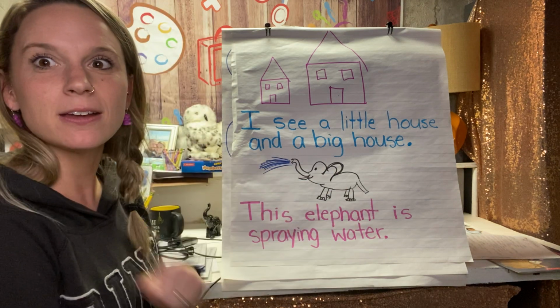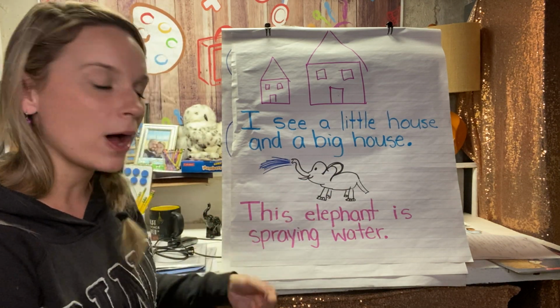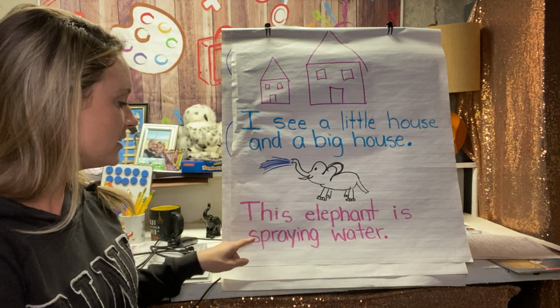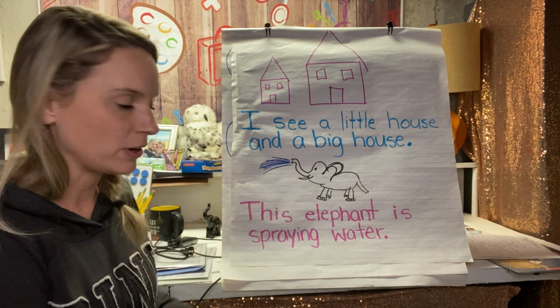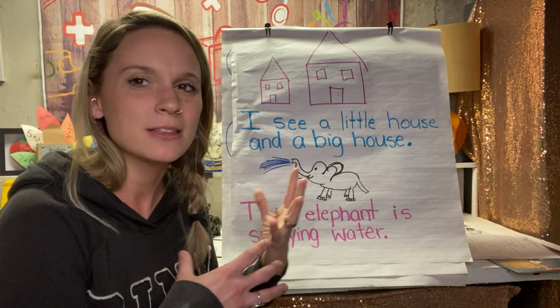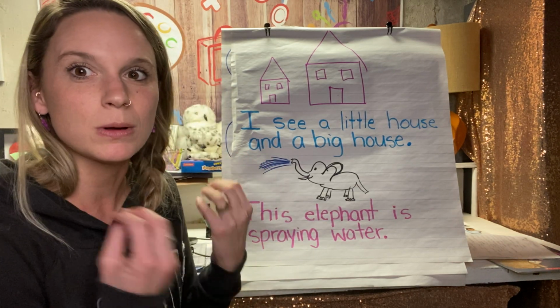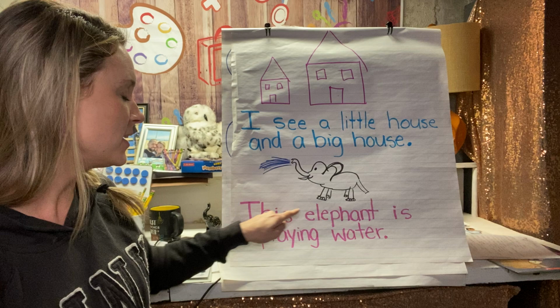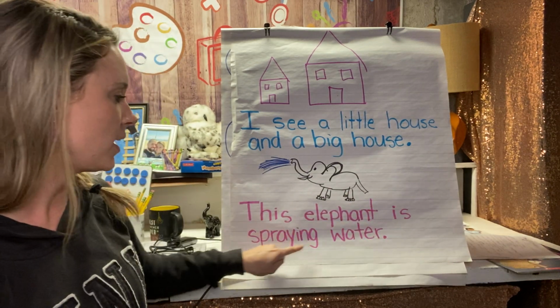spraying. Do you see how slow I took this word? And I said each sound that I knew, okay, spray, and I didn't even have to get to all the sounds to kind of be like, wait, that sounds like a word that you would do something with water with. That sounds like spraying. So this elephant is spraying.